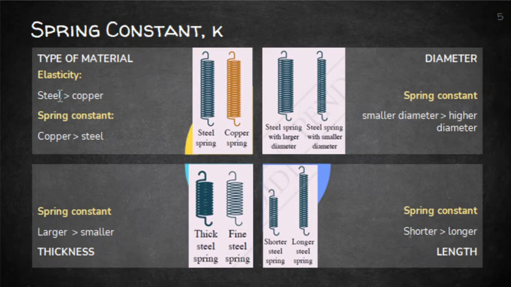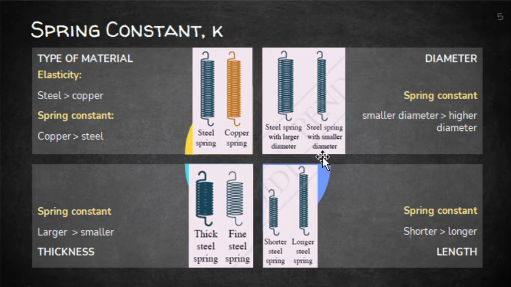In the second comparison, we want to compare the diameter of a spring. They are the same material, steel spring with larger diameter, and the second one with smaller diameter. The smaller diameter has higher spring constant compared to the larger diameter spring.